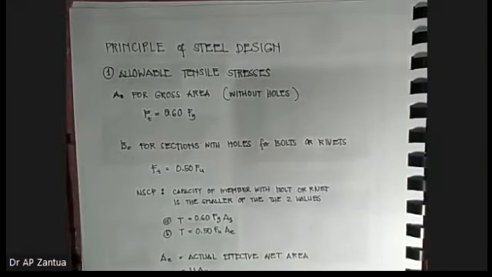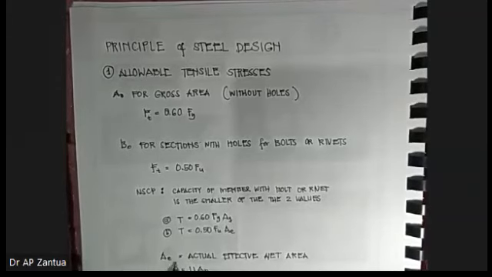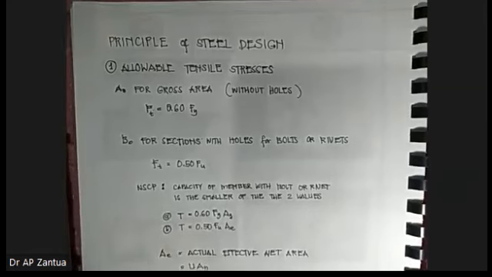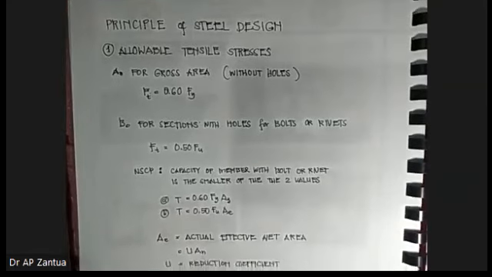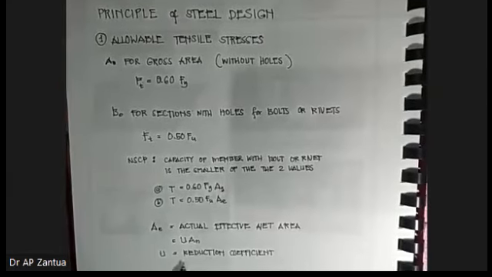So reduction coefficient times net area, that is the effective net area. So you can now screenshot, then let's go to the next page.